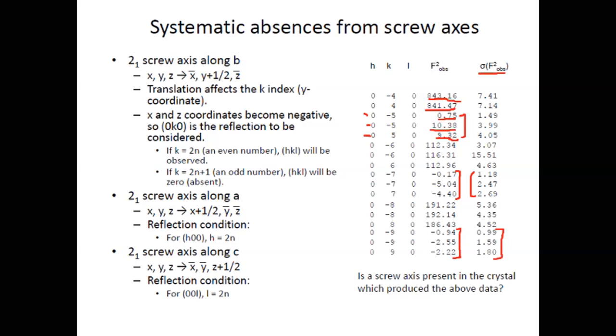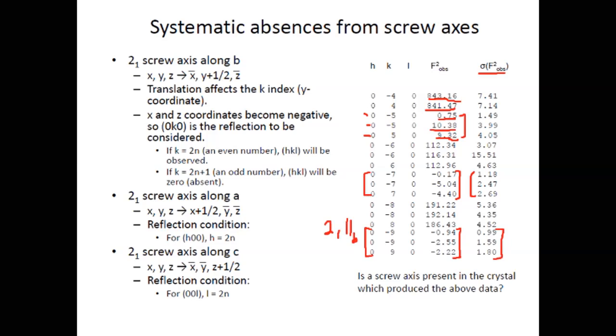So this would be a good indication that this set of reflections are absent. And so since the odd 0K0 reflections are absent, this would be a 2-1 parallel to B.